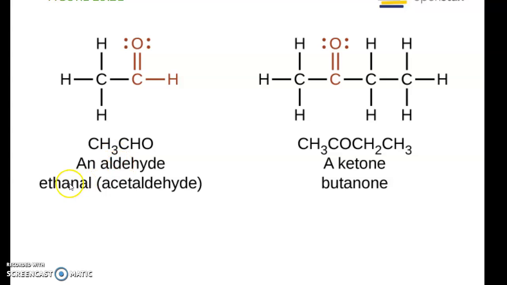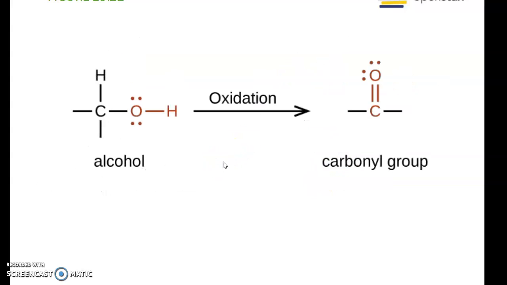This is an aldehyde, acetaldehyde, ethanal, right? And this is butanone right here. And you'll find out that this is a ketone. And these are the way they're formed. You take an alcohol, an OH group, you oxidize it. The oxidation will cause that carbonyl group to form.